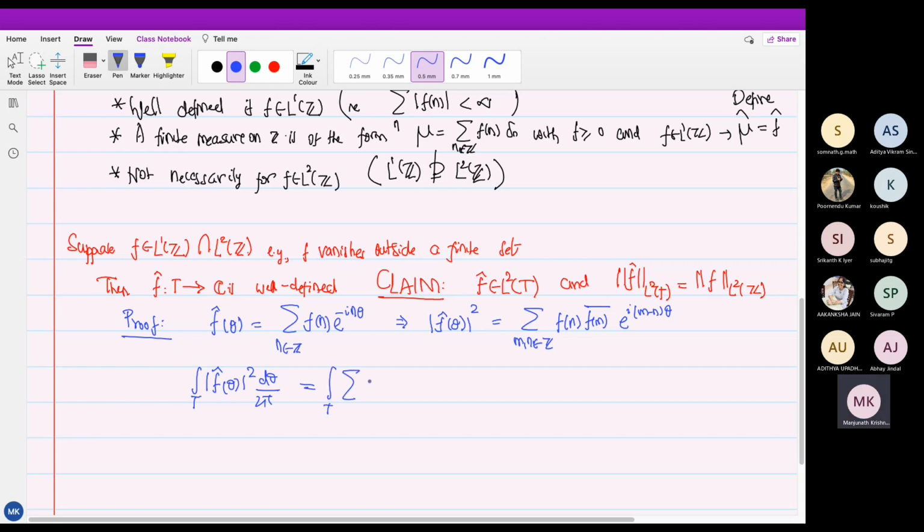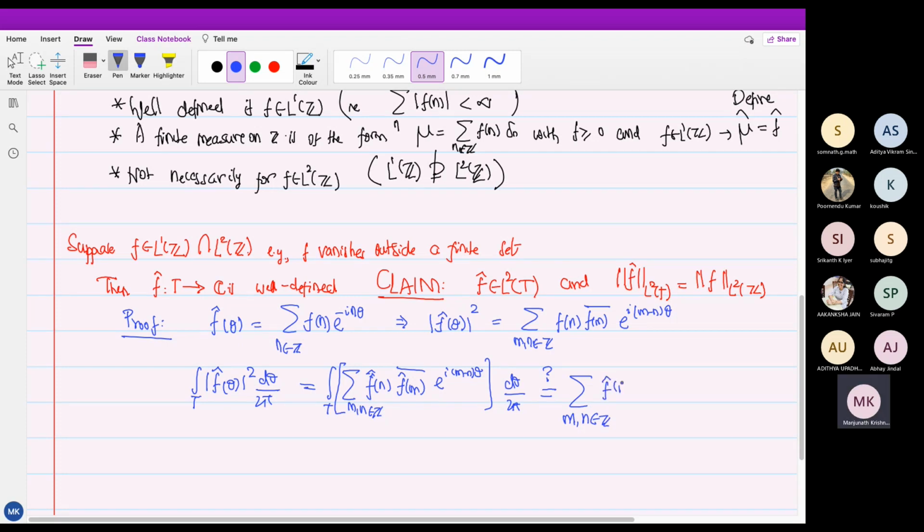So this is the integral over T, sum over m and n in integers, f of n, f of m conjugate, e to the I m minus n theta, and then d theta over 2 pi. This is a question, but let's just interchange these sums.